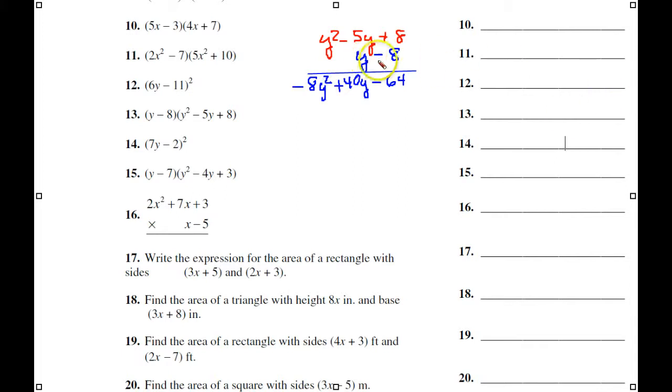Now here's the key to this. When you do your next row, y times a positive 8 gives you a positive 8y. You put it in the vertical like term column. Now y times this will be a negative 5y squared.